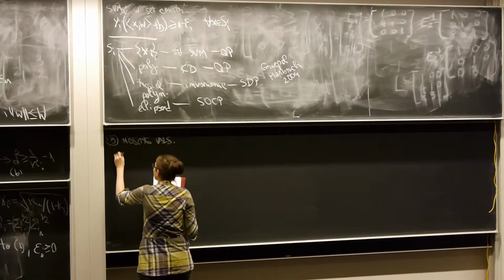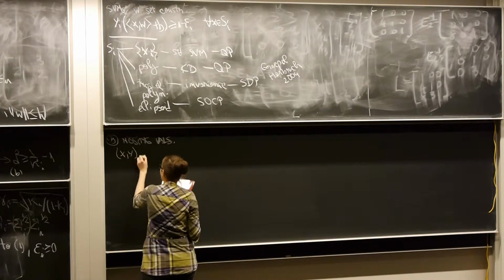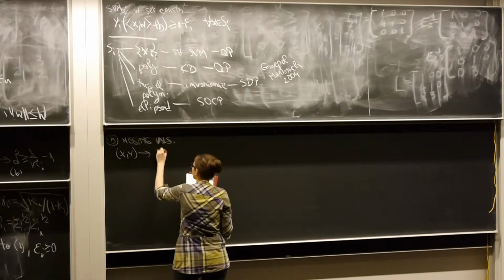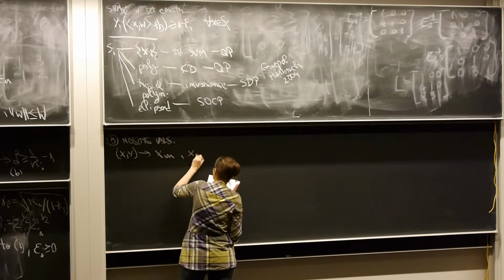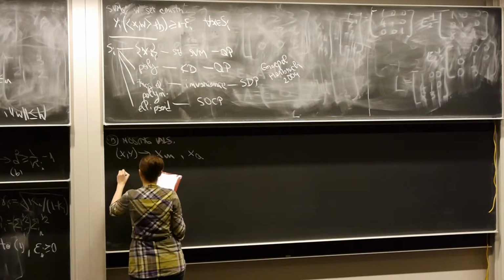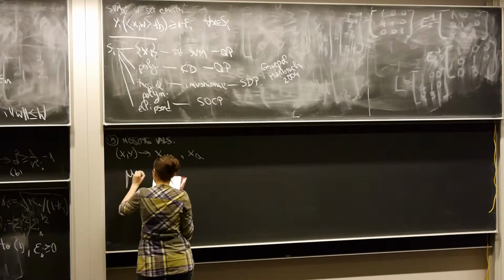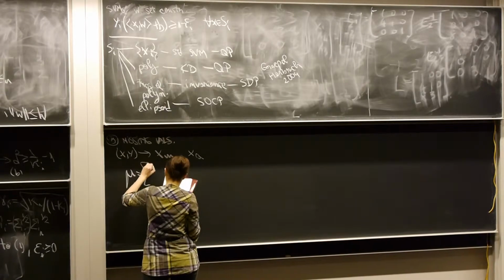Let's say our sample is X and Y, and let's call XM the missing part and XA the available part. Then our mu will have two components.